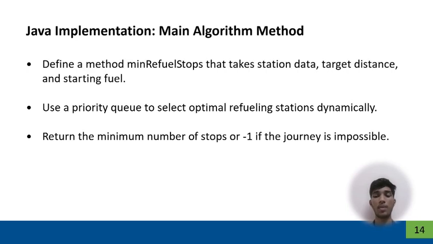Main algorithm method: the method minRefuelStops accepts target distance, start fuel, and a list of stations. A max heap is used inside the method to dynamically pick the best station. The function returns the minimum number of stops, or -1 if it's impossible to reach the target.